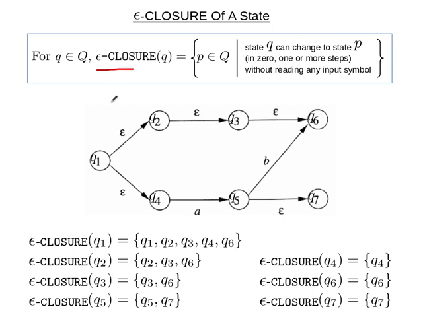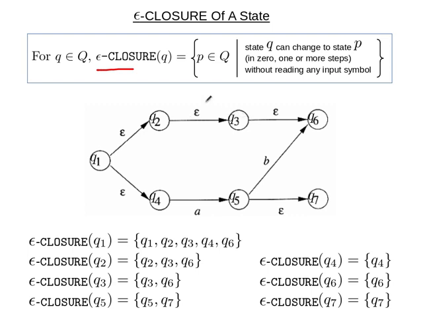So suppose you are in some state Q, okay, and as I said, you can change state without reading any input symbol, right? So you can change, for example, suppose you are here, and without reading any input symbol, you can change the state to here. Then again, without reading any input symbol, you can change the state to here, right?